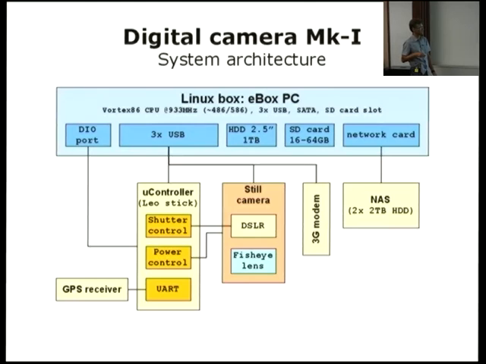So the DSLR camera is triggered not by the PC but by the microcontroller, and the exposure time for this Mark I camera was 15 seconds. Later we changed it to 30 seconds. It also powers on the DSLR, which is powered on only during the nighttime. On the other hand, the PC box and the microcontroller are running all the time, even during the day.